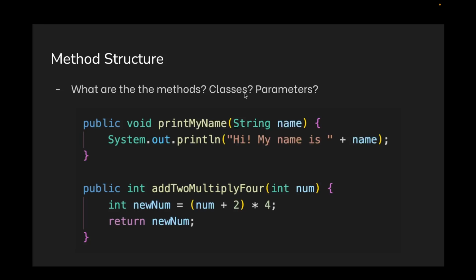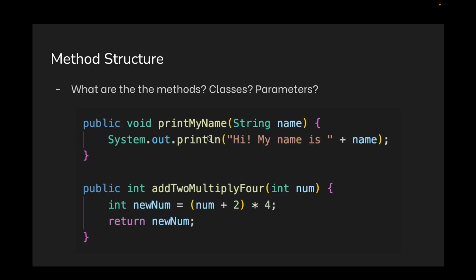Our classes, what are some classes here? Well, I'll let you guys identify one. Let's see if you can identify 1 or 2 of the classes. Just type it in the chat if you see any. Yeah, System is one of the classes that we have, and System is calling this method. But we also have String right here.